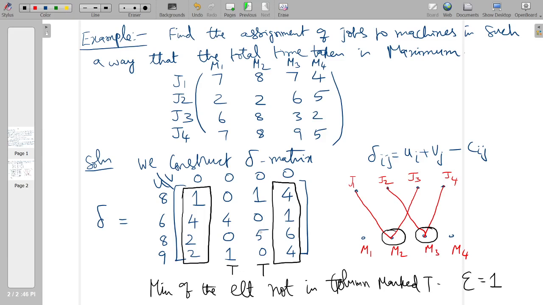Okay, you can see that among the elements 1, 4, 2, 2, 4, 1, 6, 4, minimum is 2.